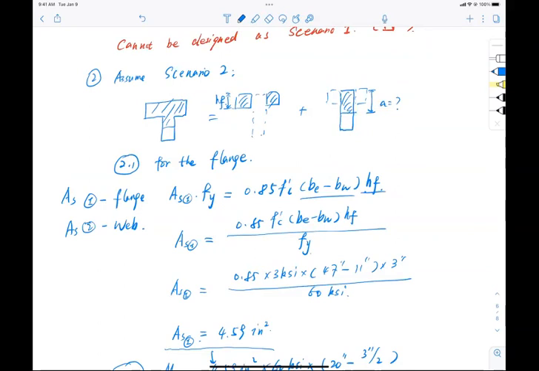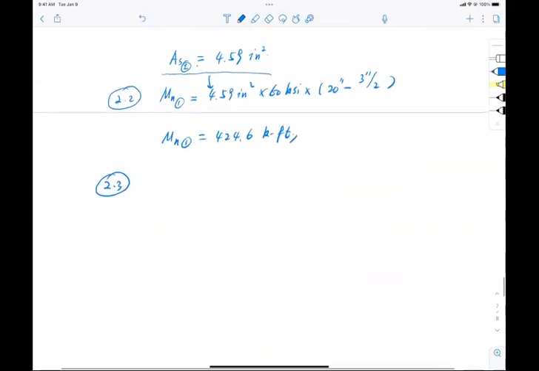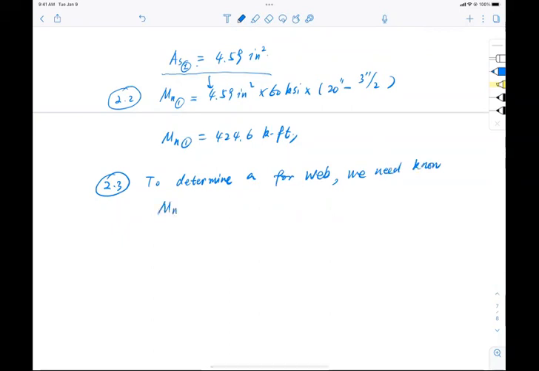I don't know a for the web. So in this scenario, we have to determine a for the web. We need to determine the compressive zone for the web. We need to know how much moment is attributed to or coming from the web. So we need to know Mn2. How do we know Mn2?